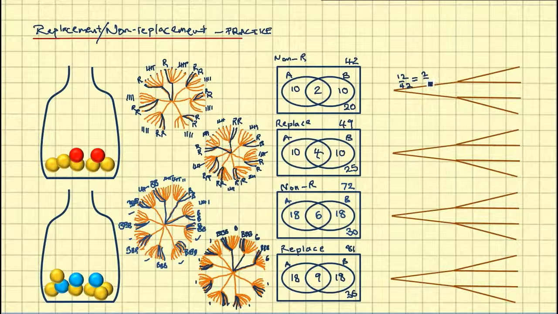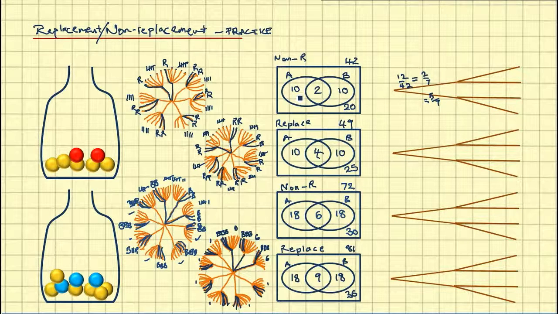2 out of 7. So 12 divided by 6 would give us that 2, and 42 divided by 6 would also give us that 7. So the second branch here should equal the complement of 2/7, so that would be 5/7.